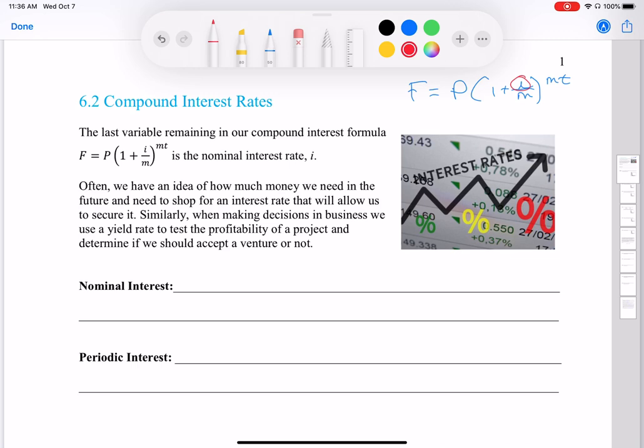So for now, let's start off with a little bit of vocabulary. We've seen that there are two words that are used when describing interest. The first is nominal interest, and nominal interest is the amount of interest for the year.